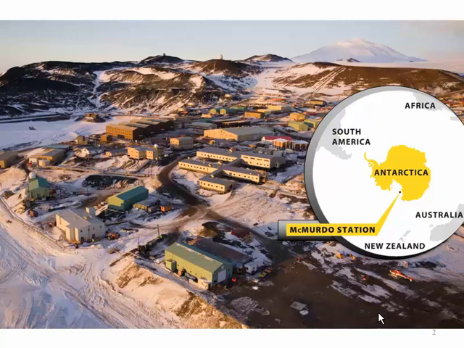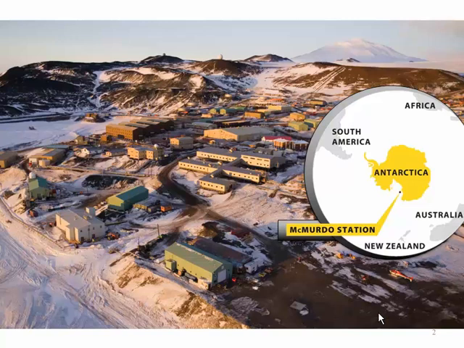McMurdo Station is a major research facility and set of buildings off the coast of Antarctica, and a lot of Antarctic research is based out of this region here.